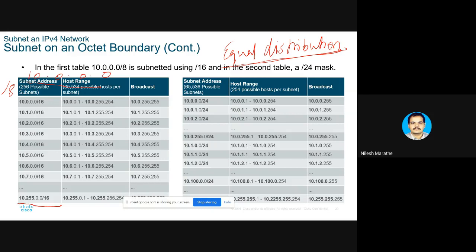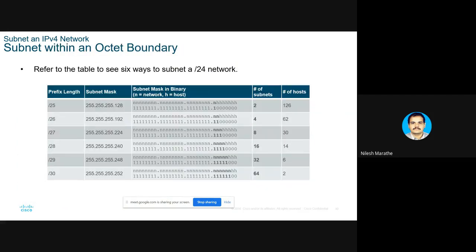If you go for 24 again, how can we do it? That is what they have done for 24. So if the 24 is there, then it starts from 0 to 255, again the third octet 0 to 255. So that is how the range is being divided. That is one example of subnetting at the octet boundary. Six ways to subnet a /24 network. Again, the allocation is 24. So we can add 1 bit from the last octet.